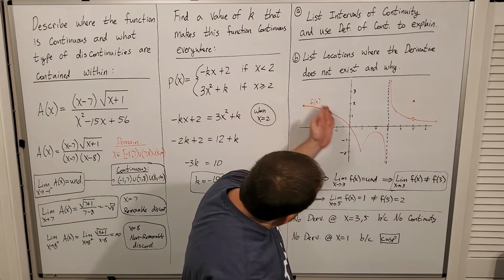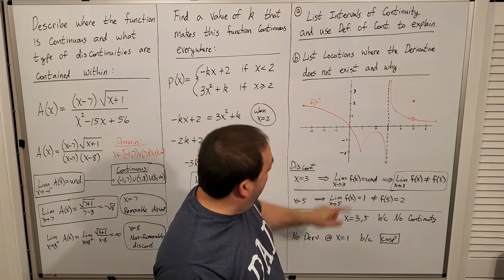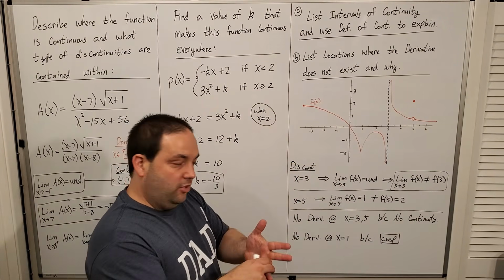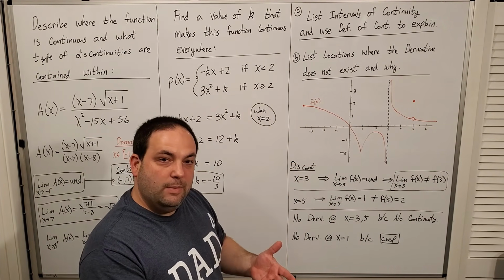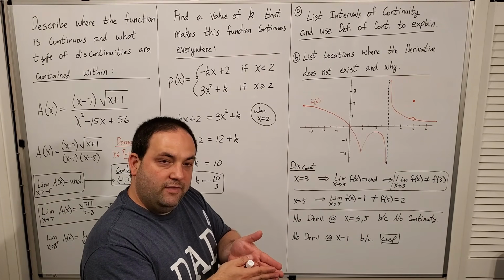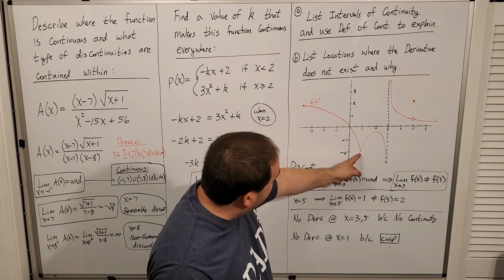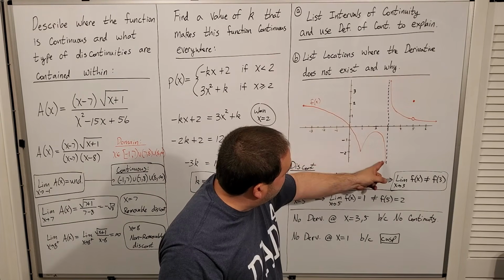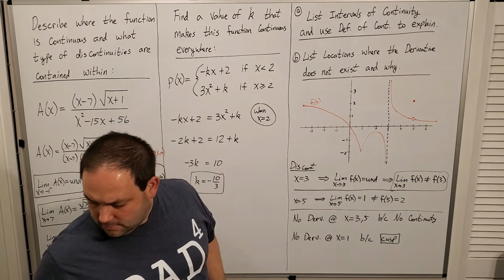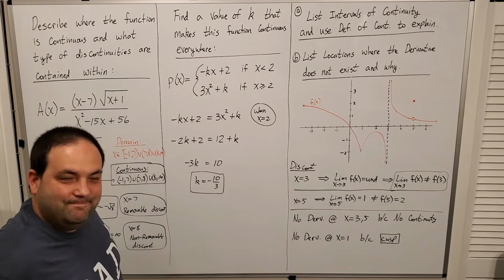Remember, at any sharp point like this, the derivative is not defined at the sharp point itself, because the derivative is defined with a limit, and that limit doesn't agree from either side of the cusp. So I have no derivative at this cusp, no derivative at the split, no derivative at the hole either, because there's no continuity at those points.